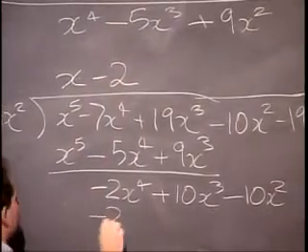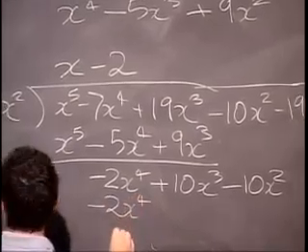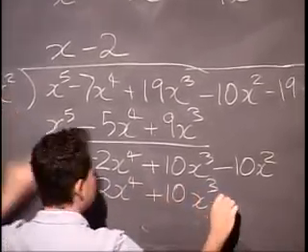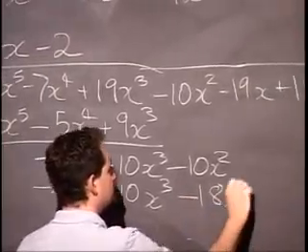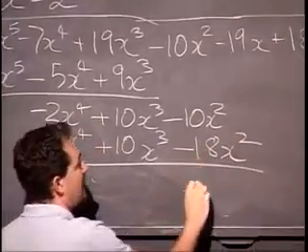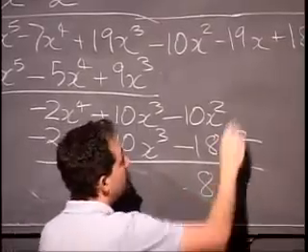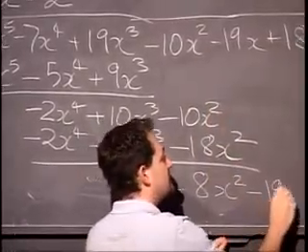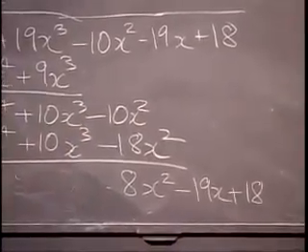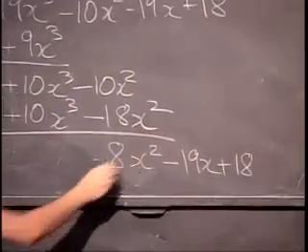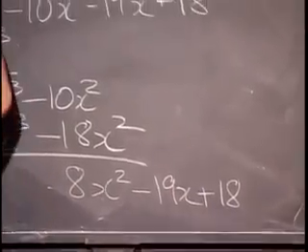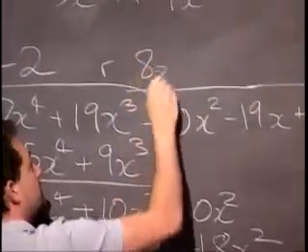So let's multiply this, and you get minus 2x to the fourth plus 10x cubed minus 18x squared. And if you subtract this, you get 8x squared, and we'll just push down the 19x plus 18 because we find that the degree is now 2, which is less than the fourth. So this is just the remainder. There's no way to keep going.